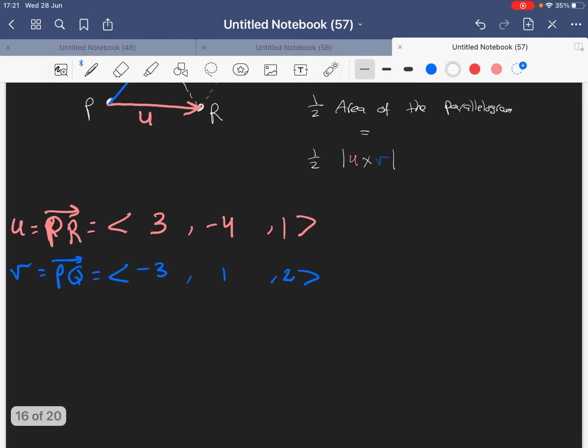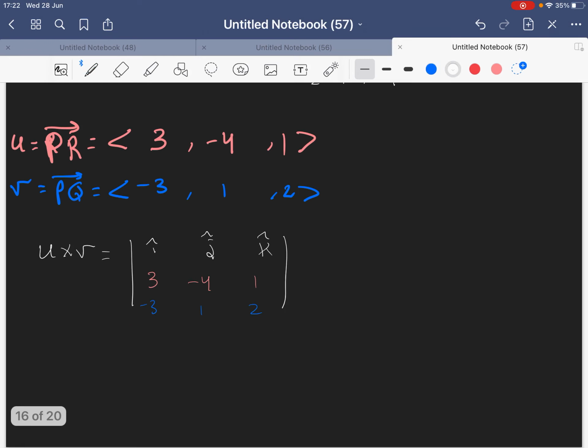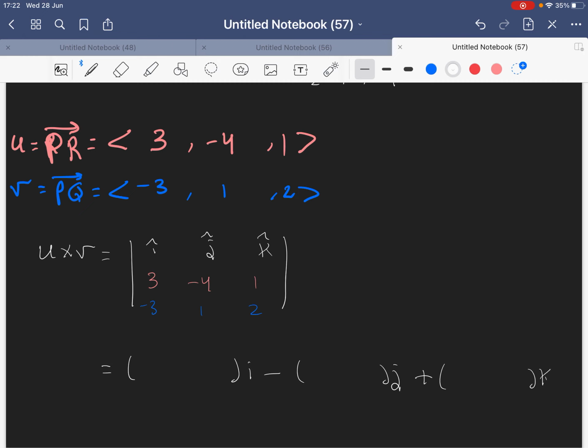Second step, we need to find u cross v, which is i, j, k, and then we write the coordinates of u, and then we write the coordinates of v, and we find the answer here, which is i minus j plus k.